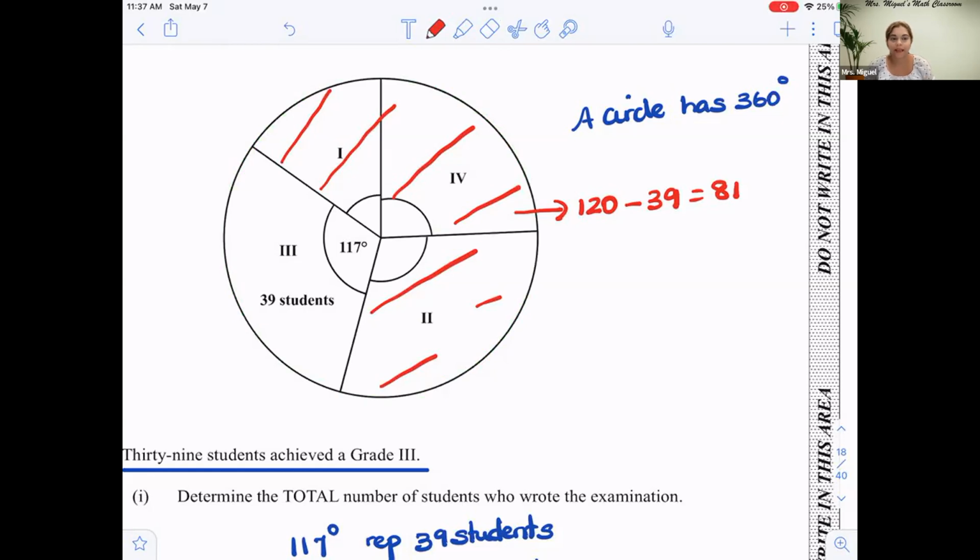So it is like I give you $120. You go and you spend $39. So the remainder that you have to spend is $81. Now, I told you for the ratio, everything is in the question.